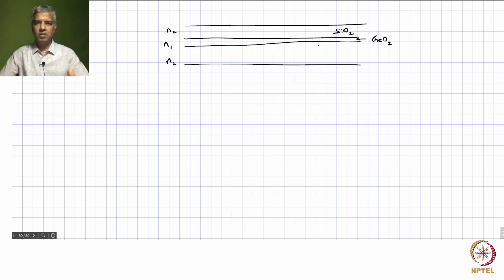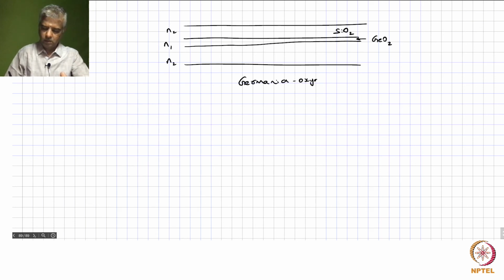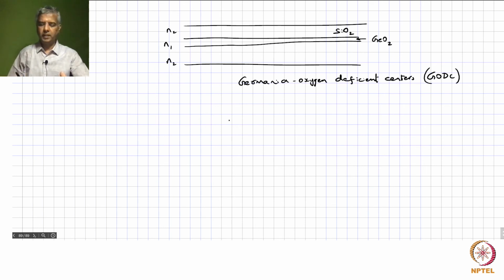So in the process of doping, you actually get germanium oxygen deficient centers, GODC in short. So what do I mean by that?